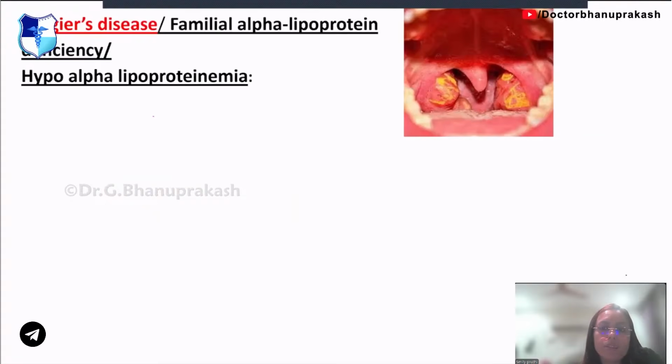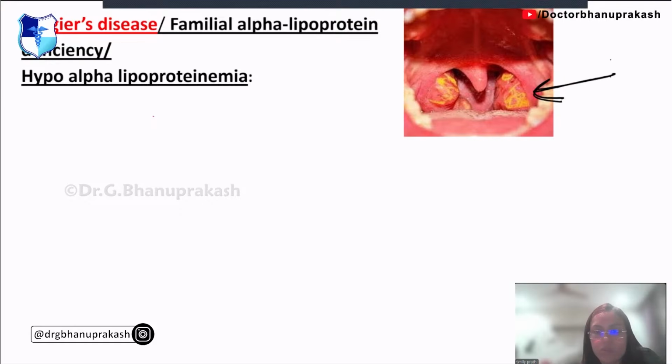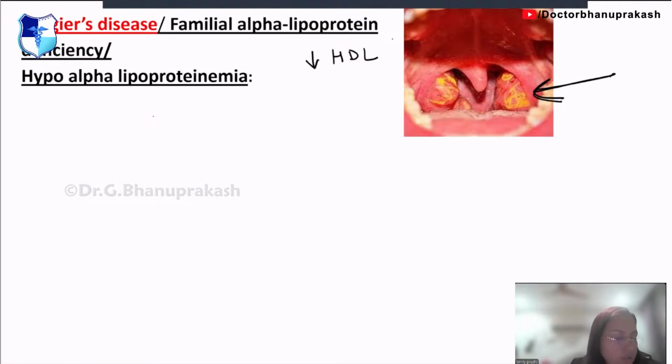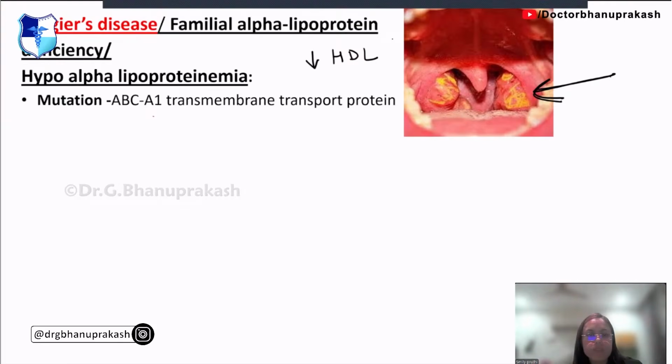Then frequently asked is Tangier disease with orange, enlarged, yellow tonsils. In Tangier's disease, there is decreased HDL in these patients, also called familial alpha lipoprotein deficiency, because HDL is known as alpha lipoprotein. In Tangier's disease, the ABCA1 transmembrane protein is defective.